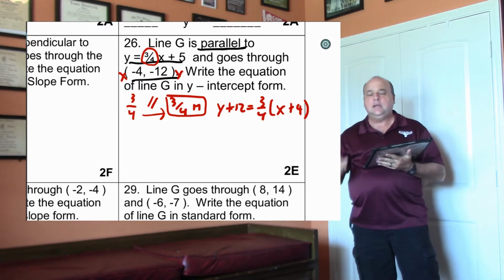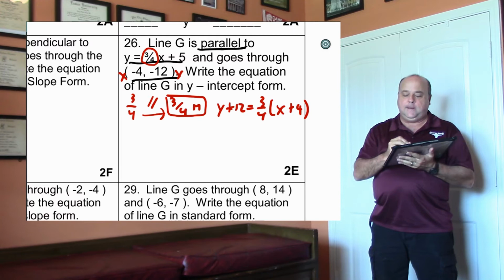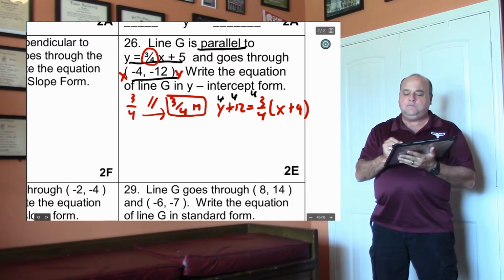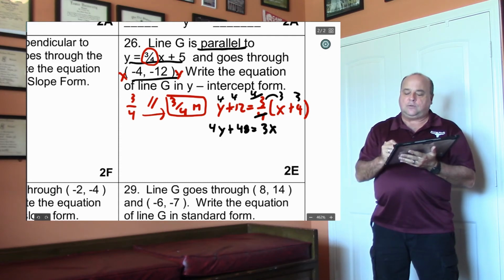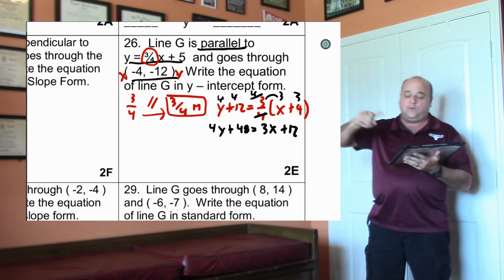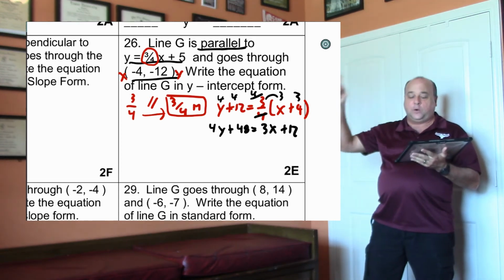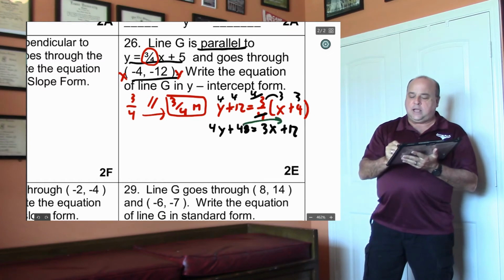Piece of cake. Now then, we're going to distribute the 4. Our denominator is 4, right? I need to get rid of that fraction. So I'll have 4y plus 48 equals, these cancel out to 1, and I'm going to bluebell trick my 3. So I'll get 3x plus 12. Now then, I want this in y-intercept form, so I'm going to move over the 48 and divide by 4, aren't I? So I'm going to take this 48, move it across.